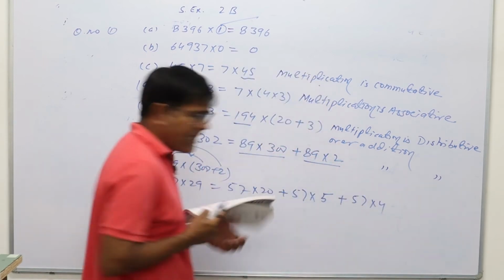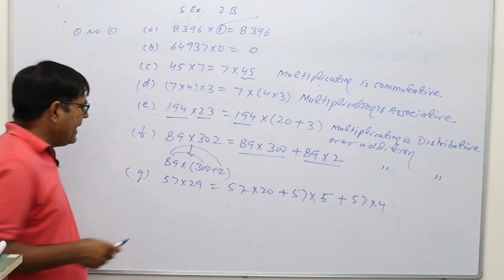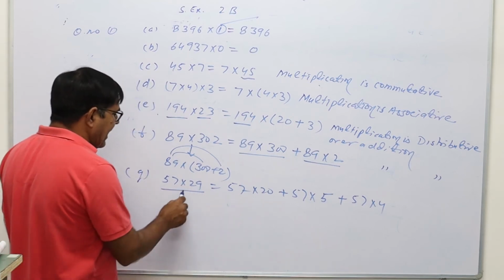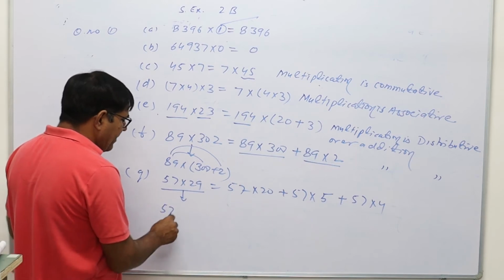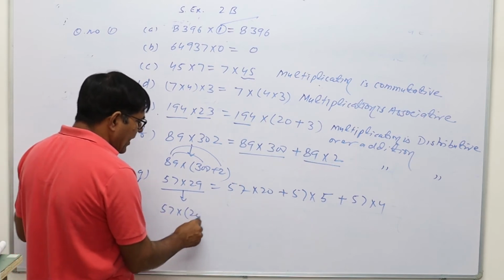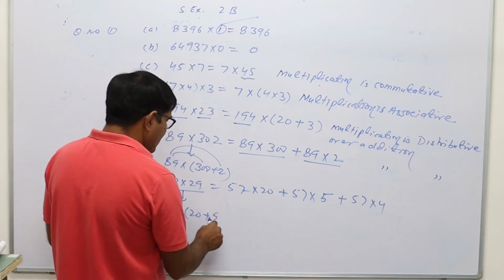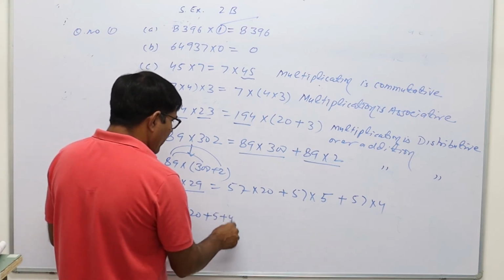Why? In the left hand side 57 is multiplied by 29. We can write this as 57 into 20 plus 5 plus 4.